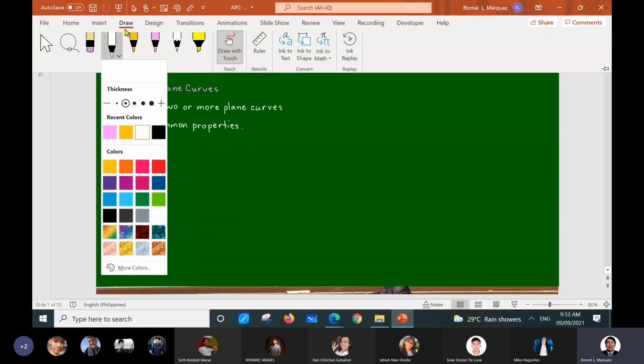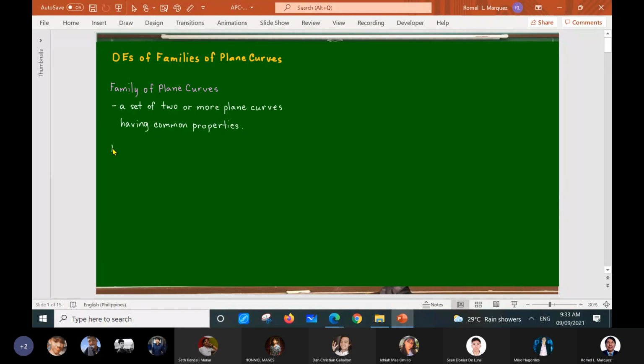For instance, a family of straight lines passing through the origin.